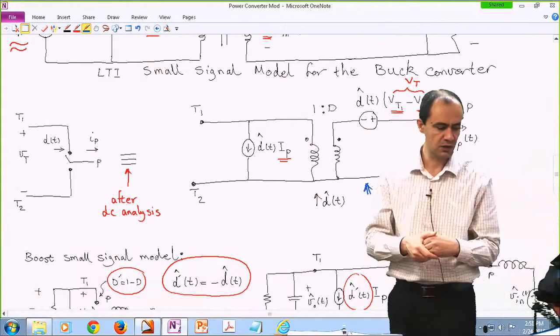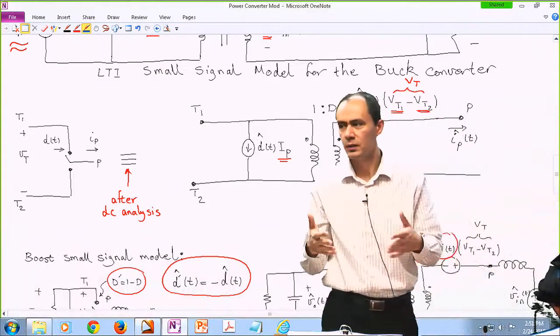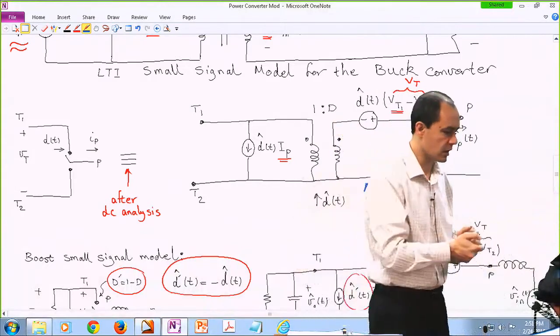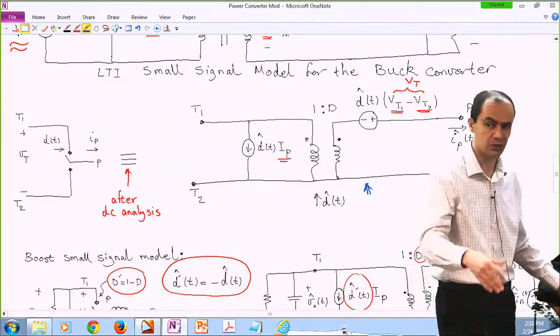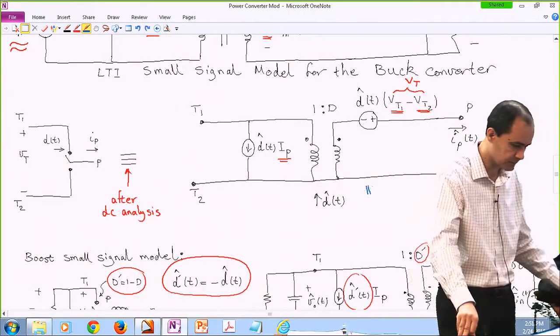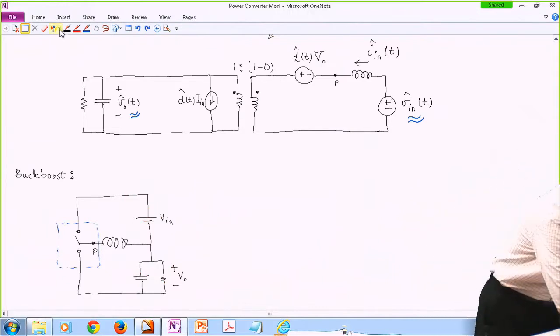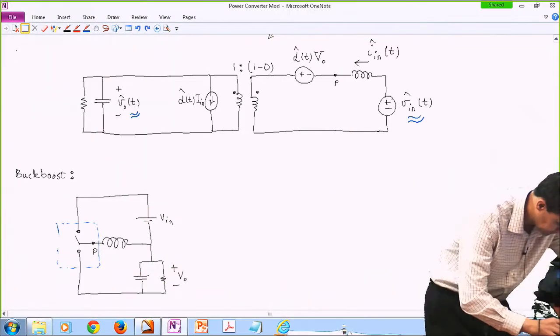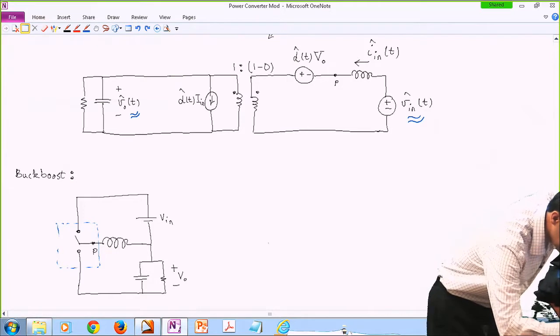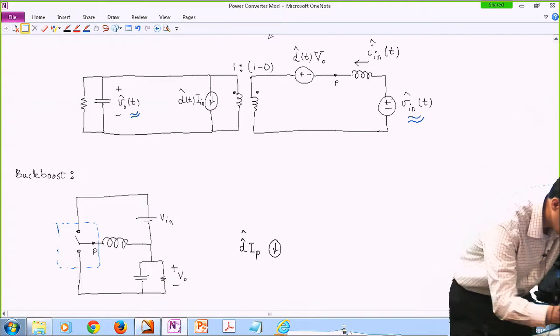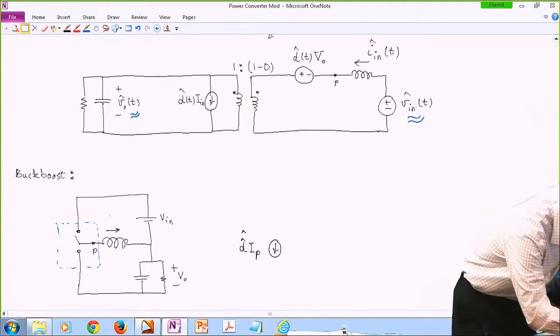For instance, if VT1 minus VT2 appears, I have to identify what that is in my buck-boost topology, or if there is IP appearing there, something like that. Okay, so let's do it. IP, so remember this is IP.